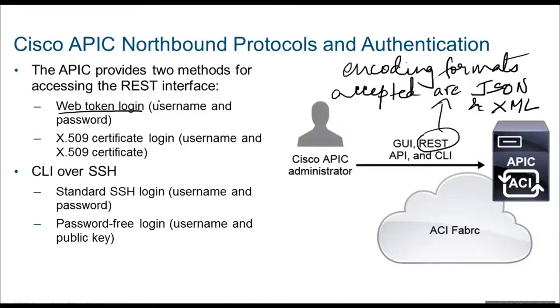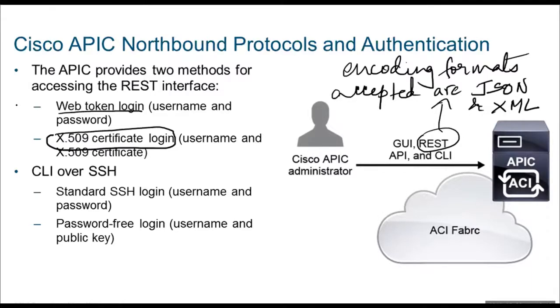Well, username and password may not be a very secure approach if your session is not HTTPS. So another form of authentication, X.509 certificate. Now this is actually a little bit complex to set up.